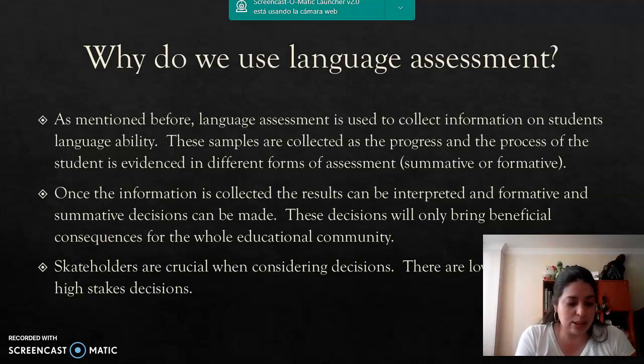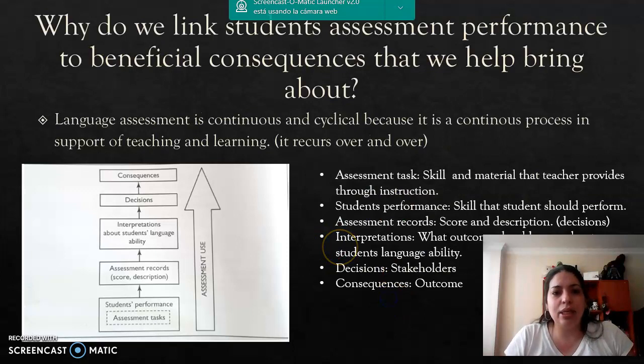And high-stake decisions, these are major life-affecting decisions where the errors are difficult to correct and there are high costs of making the wrong decision. For example, if I want to take a certification or if I want to graduate from an institute or the university.